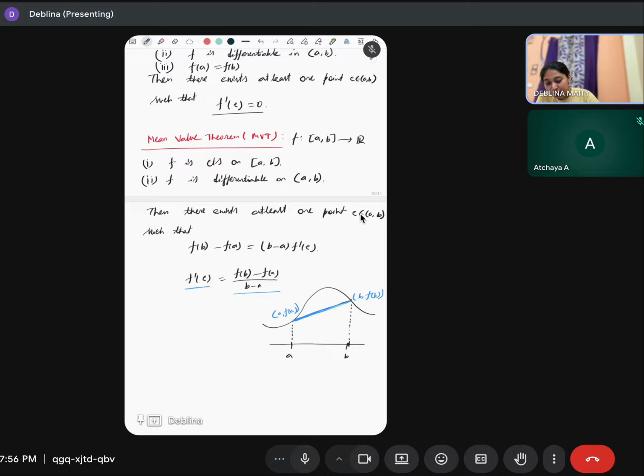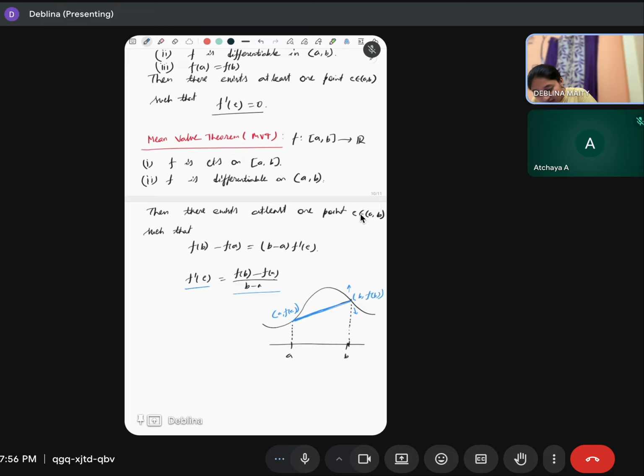This means if we move this line segment joining f A f B in this direction and this direction, we'll see that there exists a point where it will be tangent to that graph.